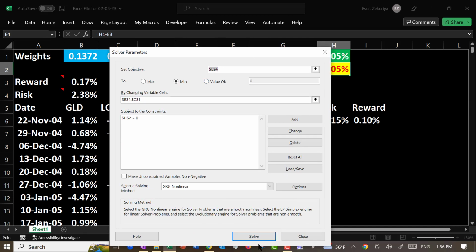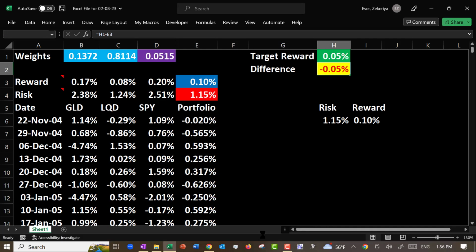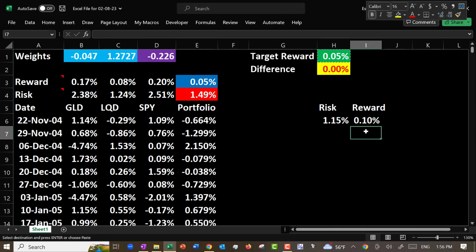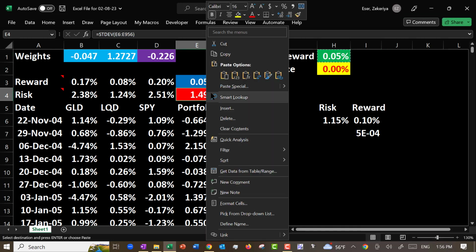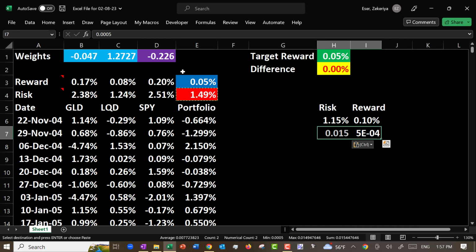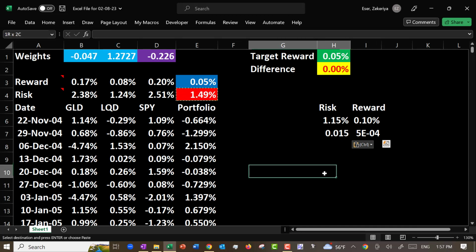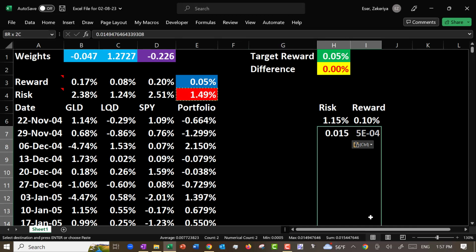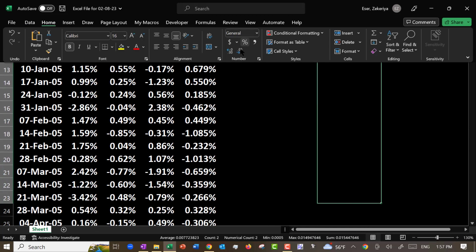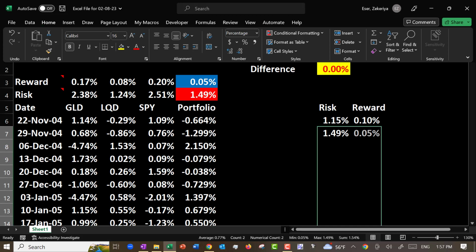Just hit solve. So let me make all of these the same type of format.